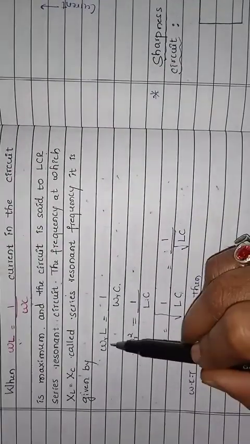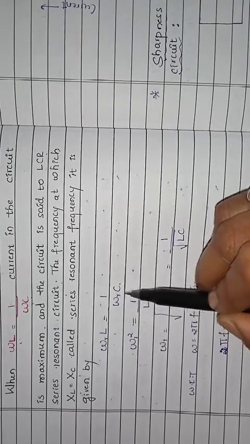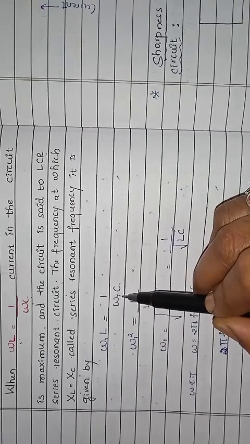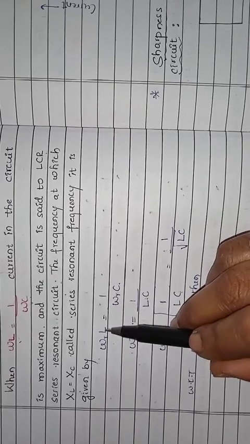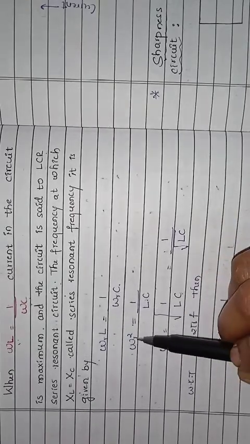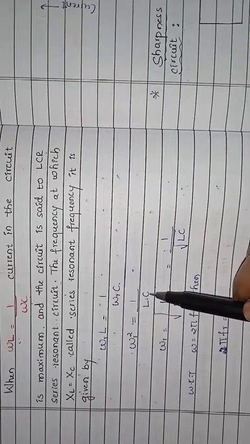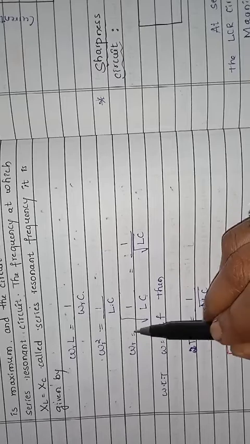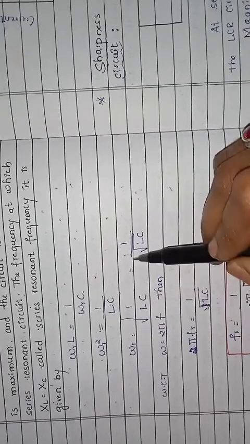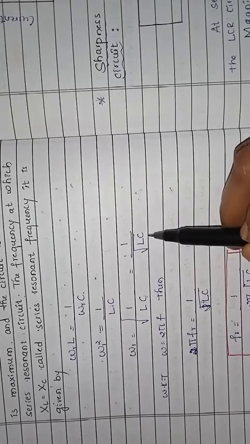It is given by omega R L is equal to 1 by omega R C. Omega R means it is resonant. Then we have to adjust this: take this L to this side, so omega R square is equal to 1 by L into C. Omega R is equal to, let's take the square root, 1 over square root of L into C.